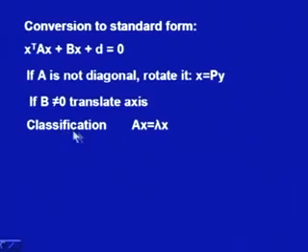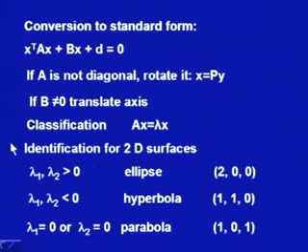and the classification of this standard form actually depends upon this eigenvalue problem, Ax is equal to lambda x, and that is how we identify or classify 2D surfaces. See, in this eigenvalue problem, if it has two eigenvalues which are positive, then the corresponding standard form will be an ellipse.